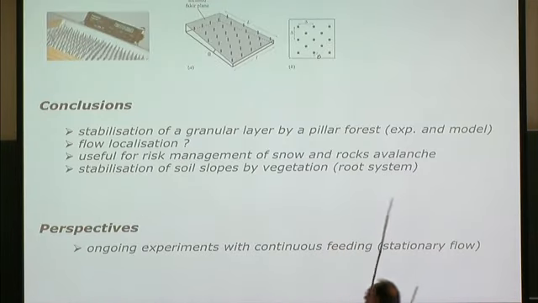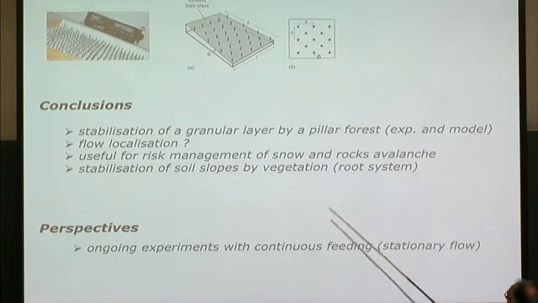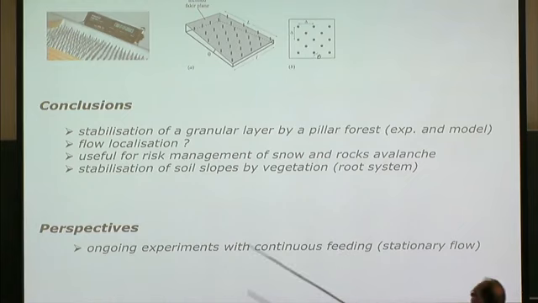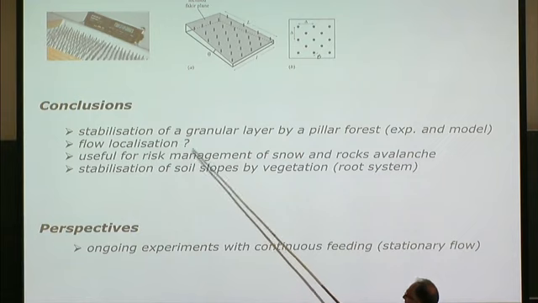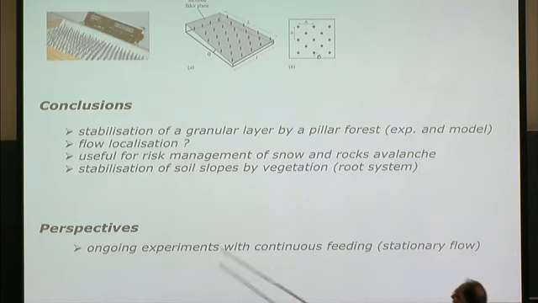So in conclusion, we see a clear stabilization of a granular layer by a forest of trees, and this seems to give some flow localization, and perhaps it will be useful for risk management of snow or rock avalanches.